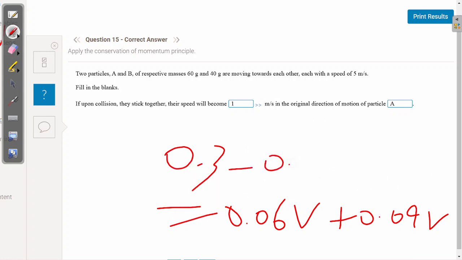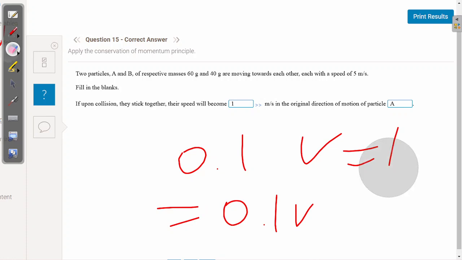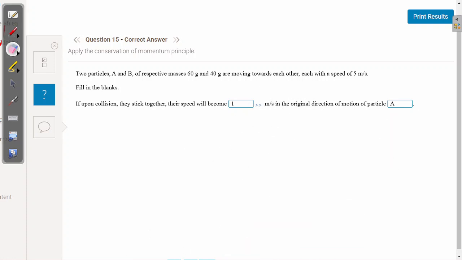So minus 0.2, this side will be 0.1. Add these together, it will become 0.1 V. So V is equal to 1. It's positive, and we chose that A is positive, so it's the direction of A. If we chose B to be positive, then if it's positive, then it's B.